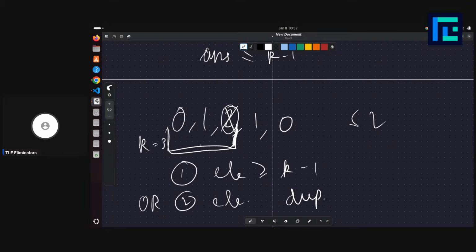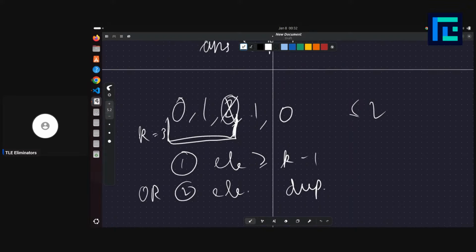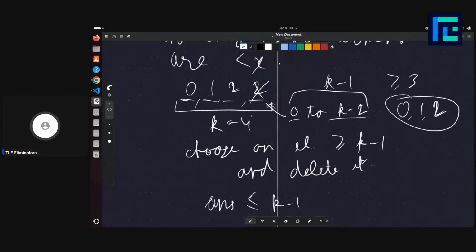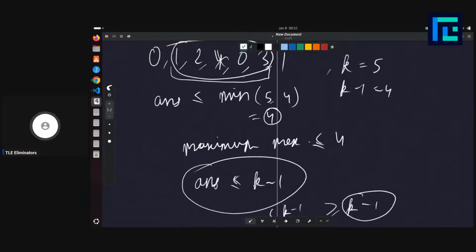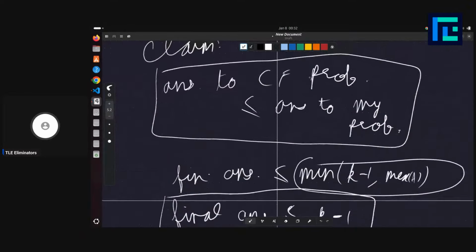So you can simply use the strategy that either find an element which is duplicate or find an element which is greater than equal to k minus 1. And if you keep doing this, then you will eventually reach this answer, which is the min of k minus 1, comma max of a, right?